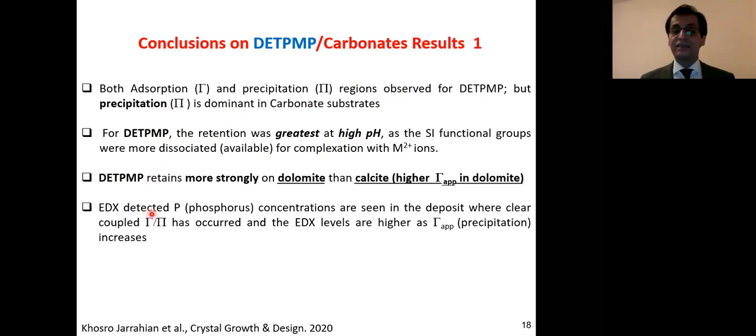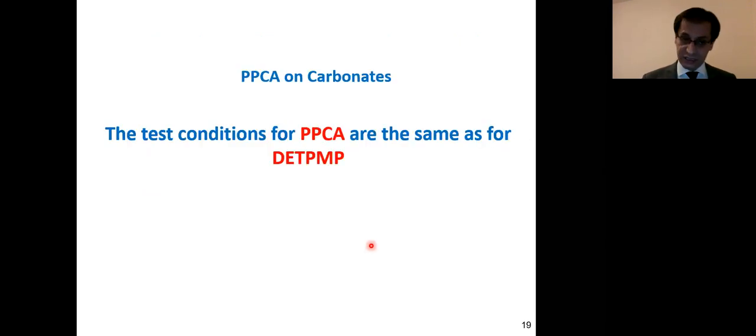EDX-detected phosphorus concentrations are seen in the deposit where coupled adsorption and precipitation has occurred, and the EDX levels are higher as precipitation or apparent adsorption increases.